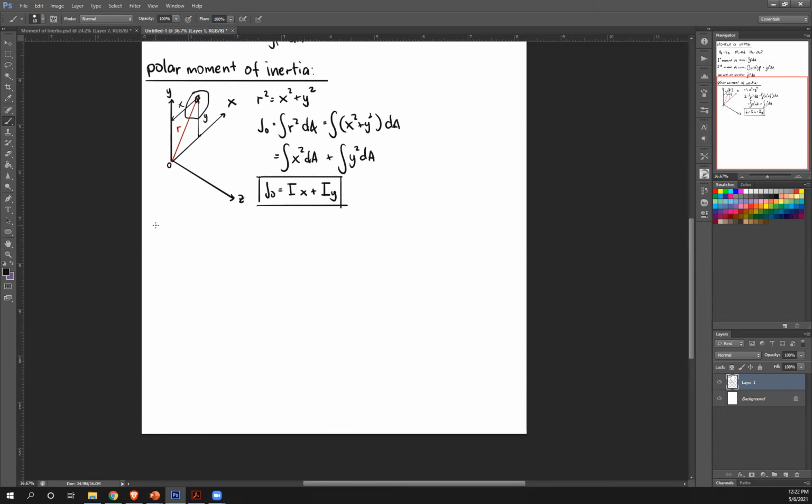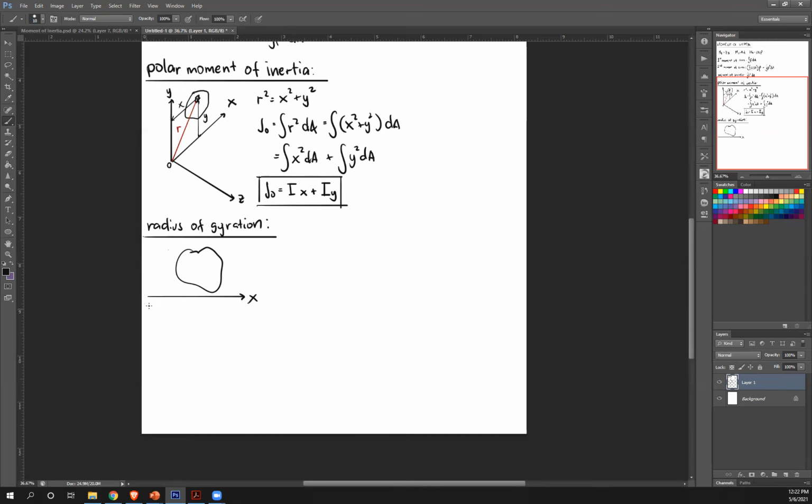So let's talk about radius of gyration. What is it talking about? Once again, let's say you have an irregular shape, your area, and this is your x-axis. Radius of gyration is from this term radius.